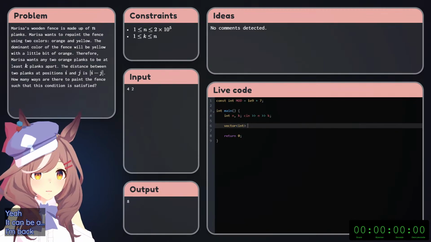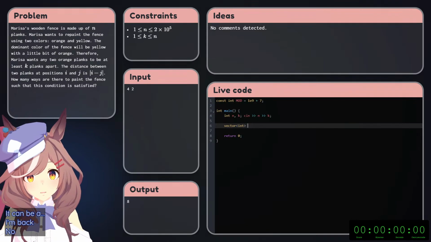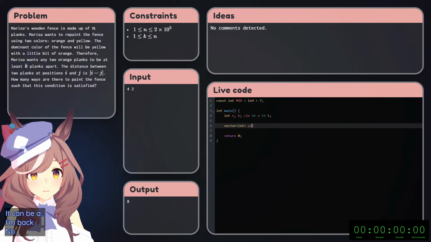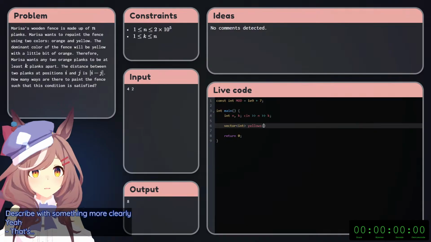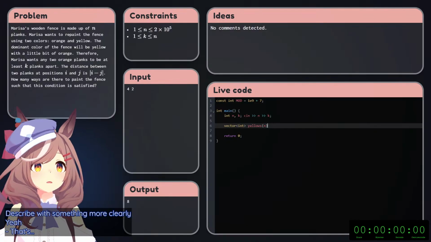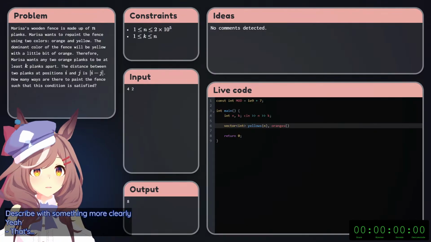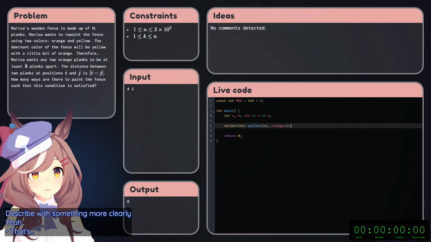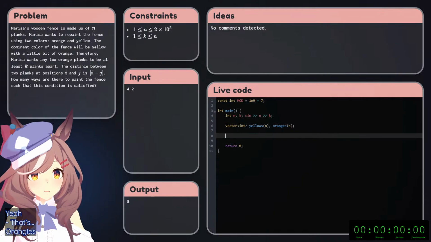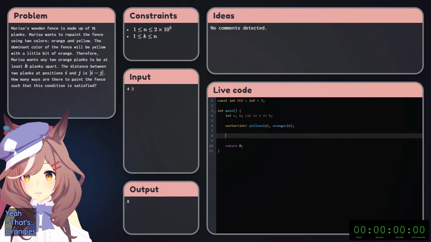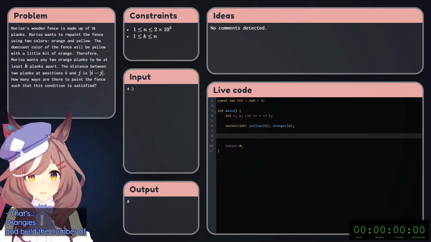Okay, let's describe it more clearly. Yellows and oranges, so we can build the number of yellows starting at n.